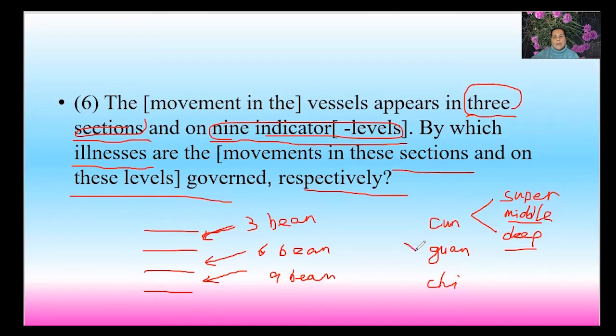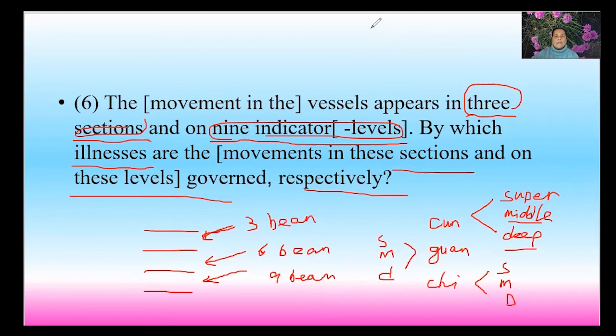You can do the same thing in each 寸关尺 position. At each location, you have 3 levels. Put together, we call that 9 levels: 3 times 3. So we're talking about a pulse with 3 sections and 9 levels.